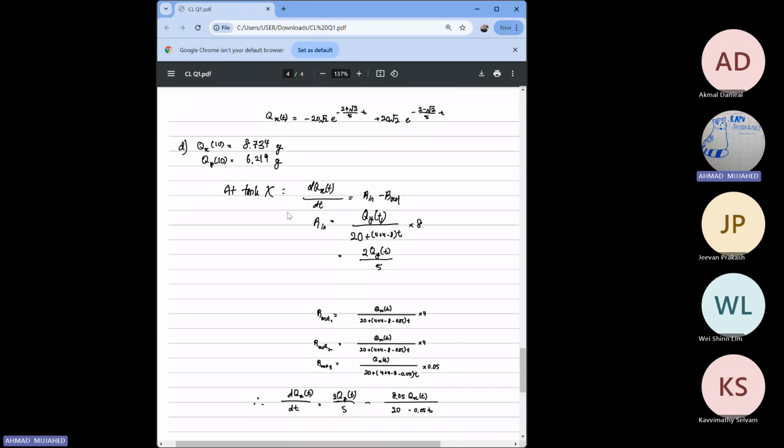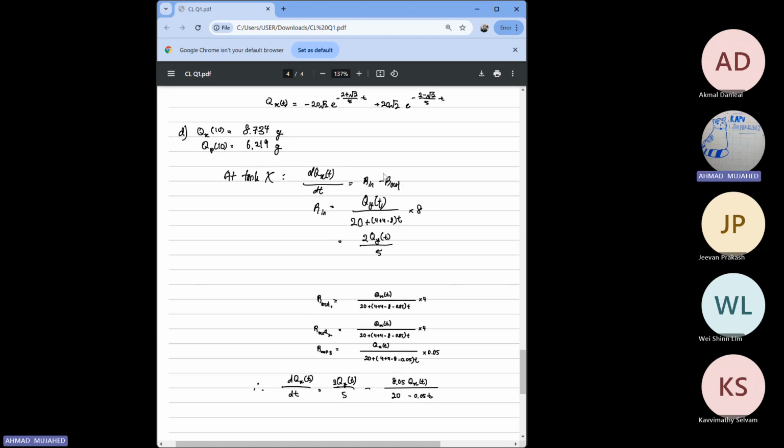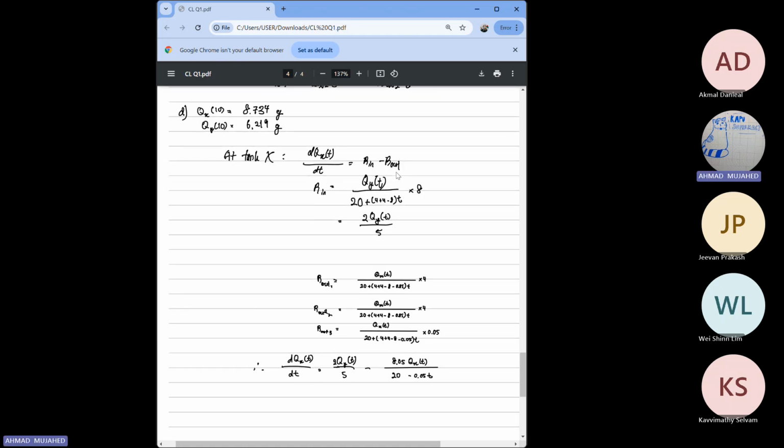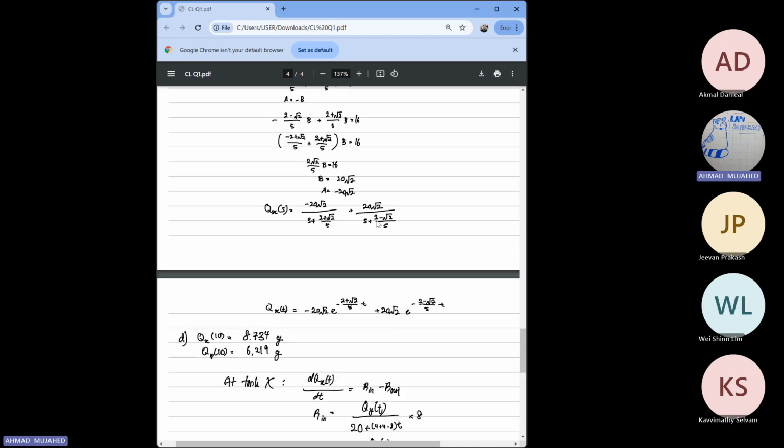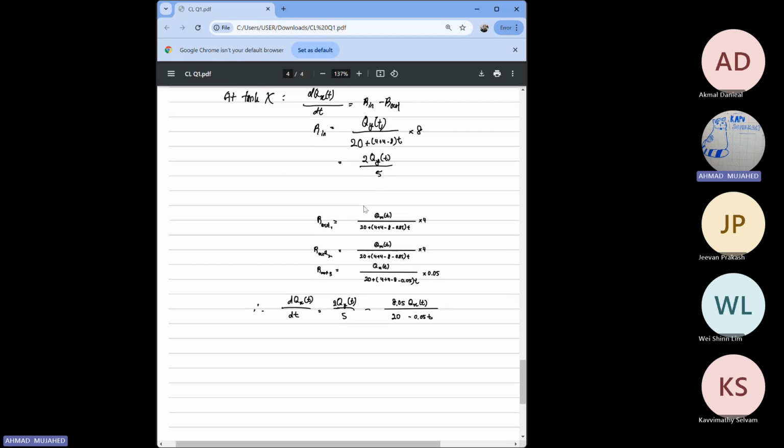And at tank X, dQ over dt, for tank X, we get this, the same as the one above. Then we put in the equation, only that we include the 0.05 of mixture that leaves the tank, because that's what the question determines.